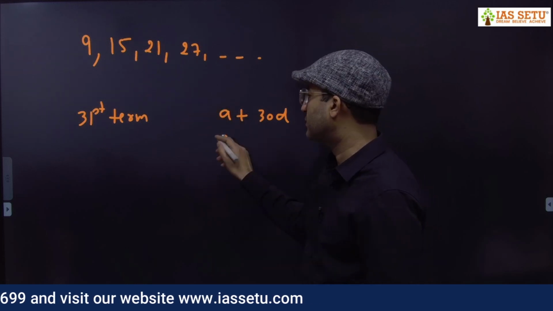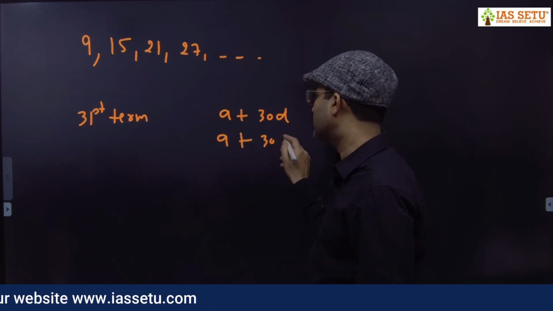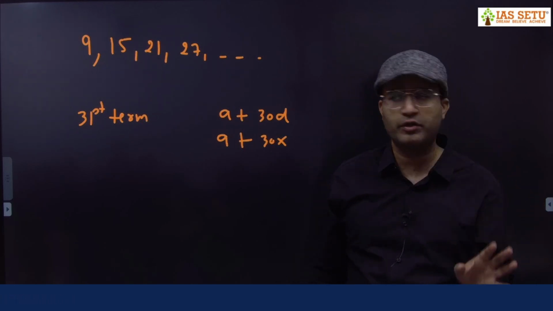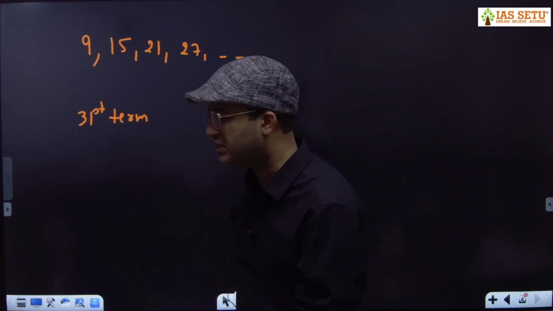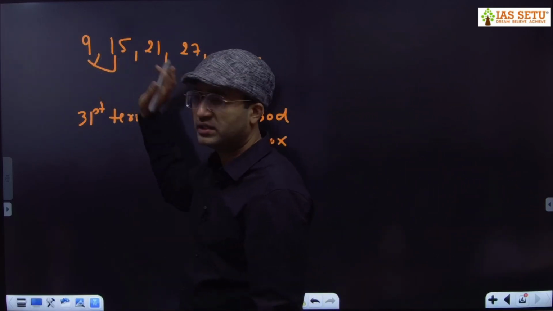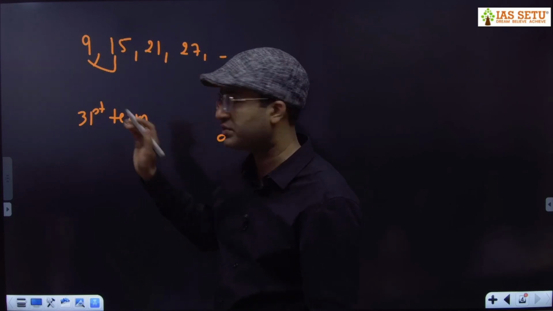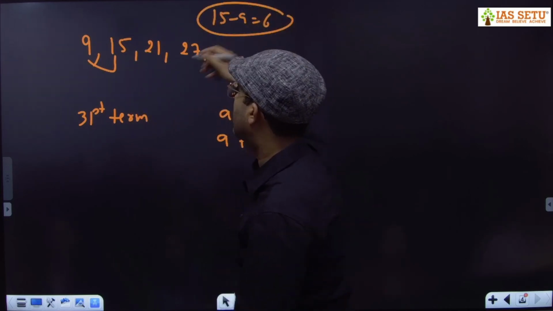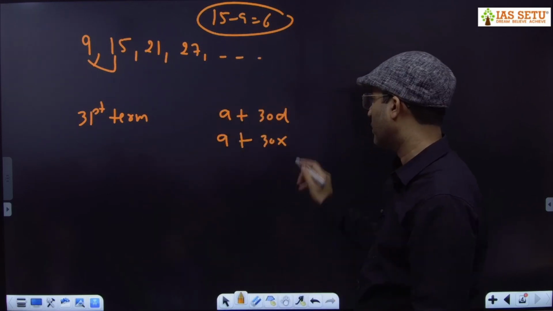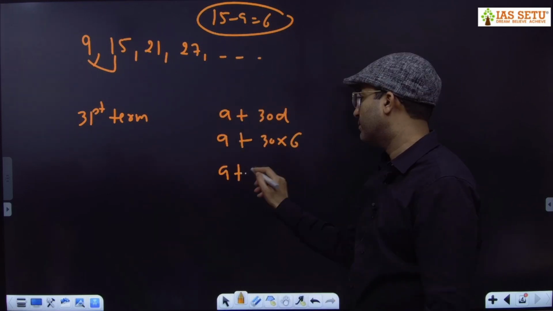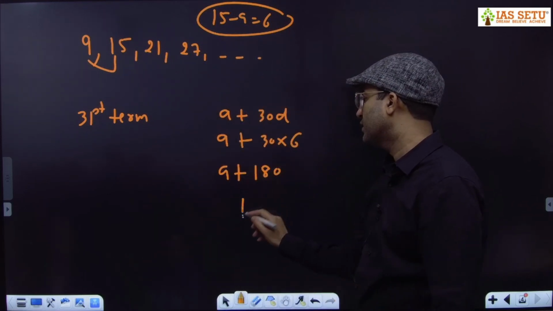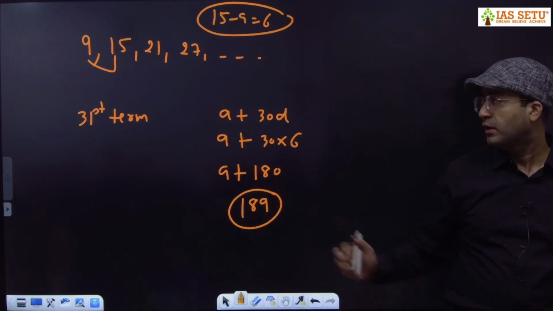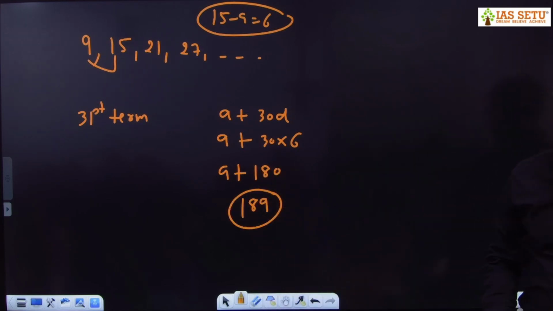What is your first term? 9. What is the common difference? If you get confused about the common difference in any question, the common difference is the second term minus the first term. 15 minus 9 is 6. So it is 9 plus 180, so our answer is 189. The 31st term here is 189.